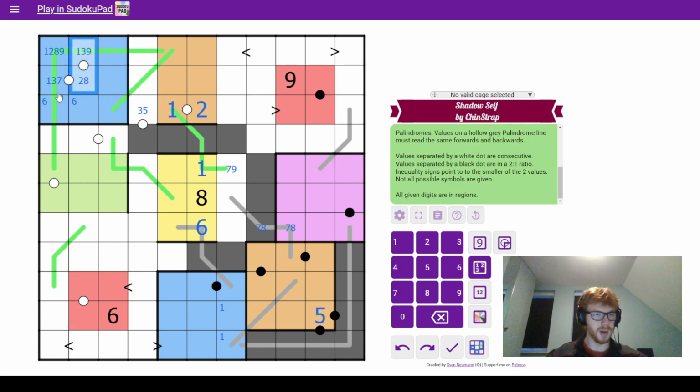But whatever is the case, these three are the same polarity, so they're either all high or all lows. So where does 5 go? 5 goes in either one of those.